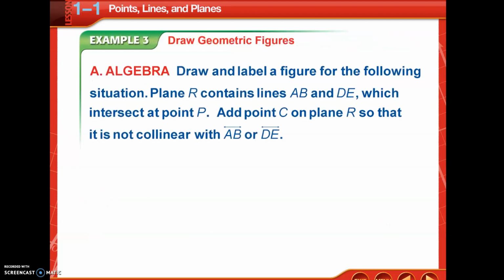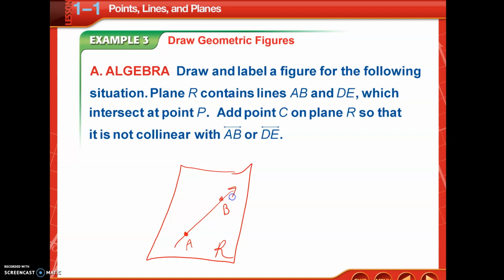So next we're going to look at trying to label or draw what they have us here. So we want to draw a plane R, and it contains line AB, so I'm going to draw 2 lines. One has A and B on it, lines have arrows on the end, and DE.